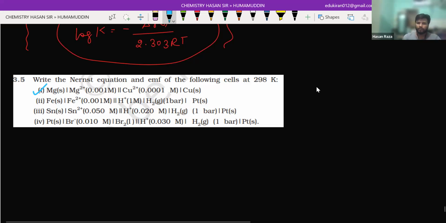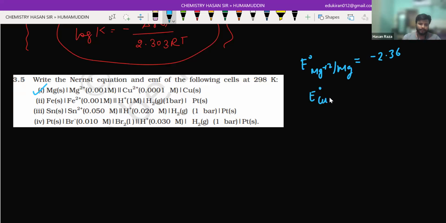I'm going to give you the E naught for magnesium, Mg2+/Mg, which is equal to minus 2.36, and Cu2+/Cu is given as 0.34 volt. The rest is given already in the question. You can calculate the E cell.